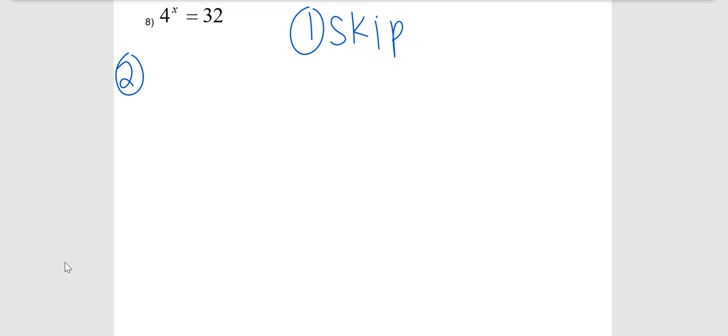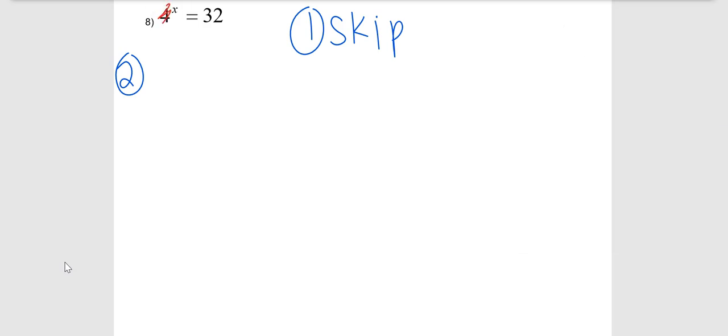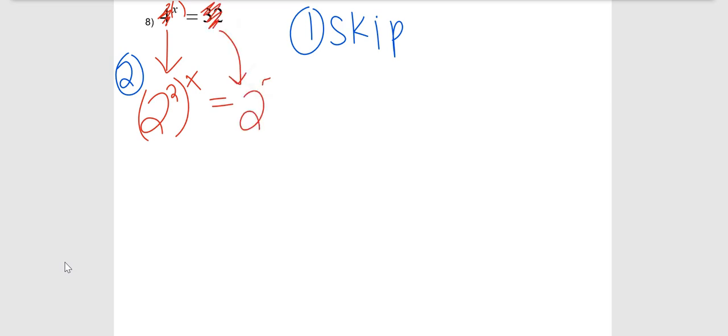So then I think about the number 4, and I know that I could take out 4 and write it as 2 squared. And then this x here just gets brought down. And then I can take 32 out because I can write it as 2 to the 5th power. So that was step 2. We made both sides have the same base, which is 2.